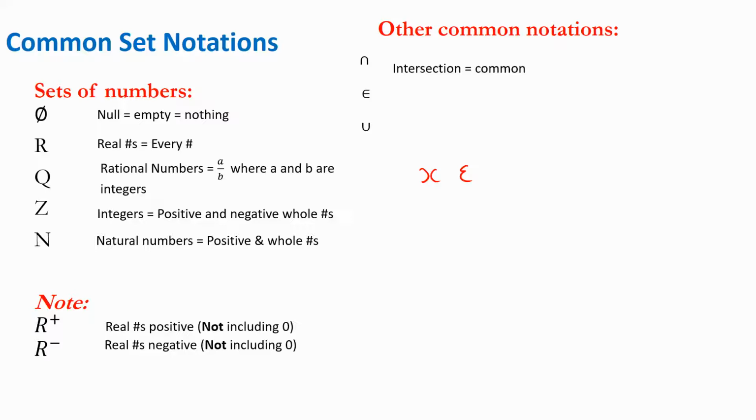The one that I did before was I said X, which is your X-axis values, they are in this group. What's this group? This is your all real values that are positive. Okay, but if I want to specify it with a 0, then I say union, so include 0.